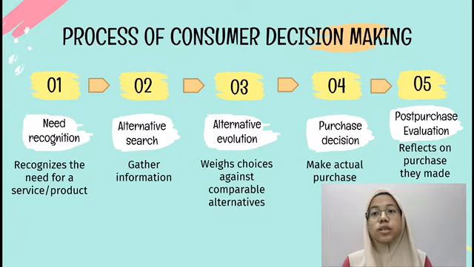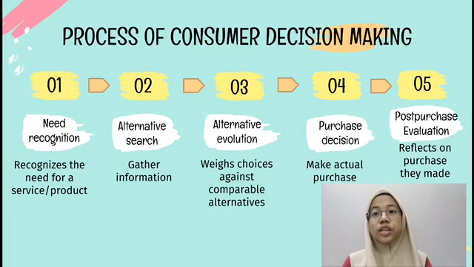Next is alternative search, which is how they gather the information needed on that particular product by internet sources, group sources, marketing sources, experiential sources, maybe from feedback from others, whether the product is good or not, and others. This search of information enhances confidence to buy that particular product and avoids disappointed feelings.